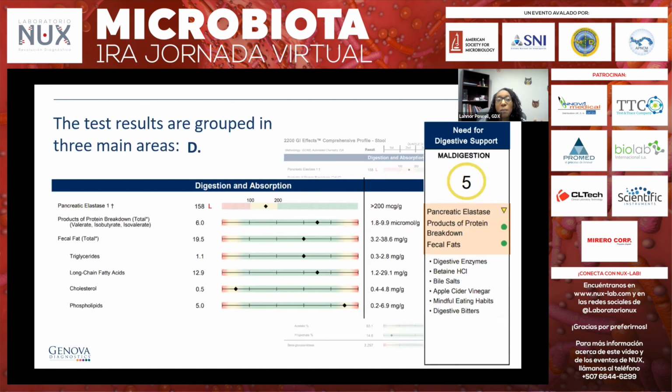And again, on the front page of the report, it's going to fall under this maldigestion pillar, where you'll see, for this example, the pancreatic elastase is a little bit low, and clinically we would recommend digestive enzymes until we can figure out what the root cause is, whether it's pancreatic because of cystic fibrosis or gallstones or something like that, or whether it's a non-pancreatic cause such as small intestinal bacterial overgrowth, inflammatory bowel disease, celiac, or smoking or something like that.